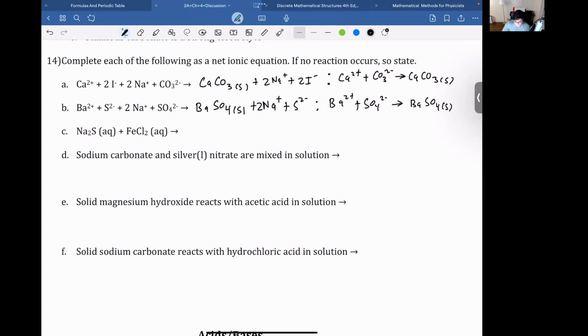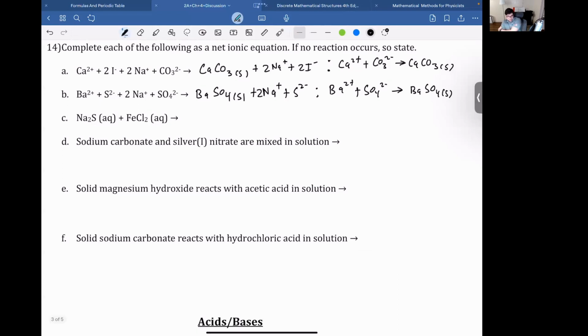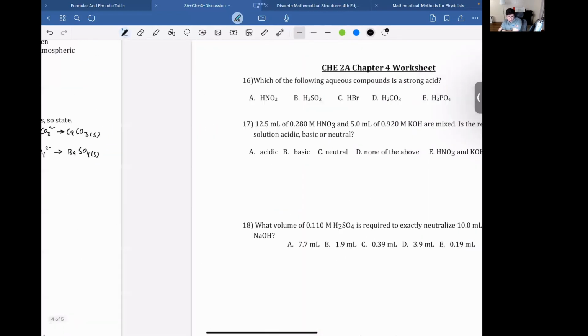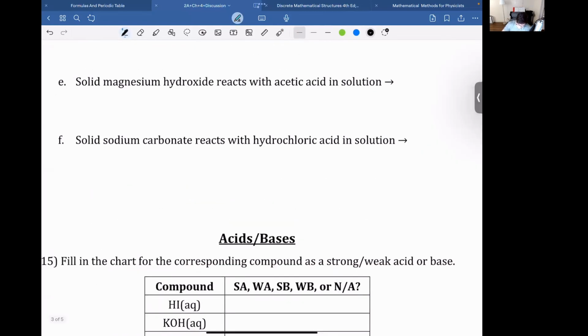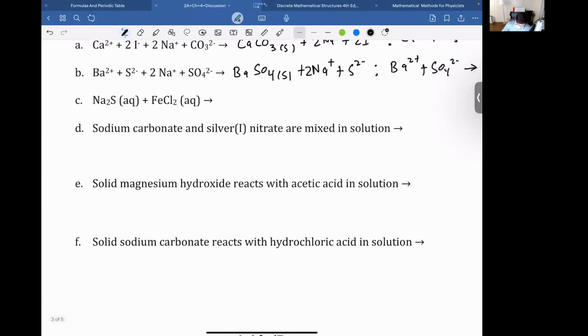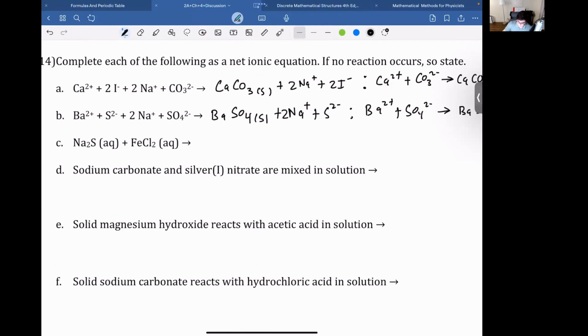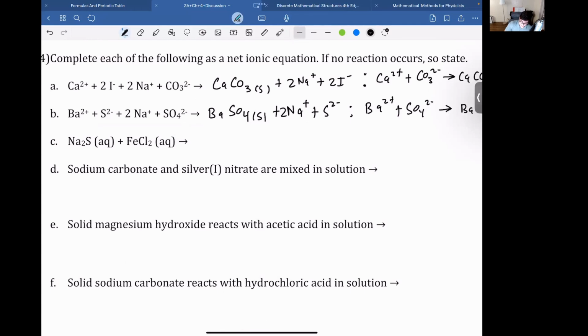The next one, I'm going to go through these pretty quickly because there are so many and they're all the same idea. So we have Na2S and ferric chloride. Well, NaCl is going to go away, right? Because that is soluble. So I'm just going to write it out. This is still aqueous.